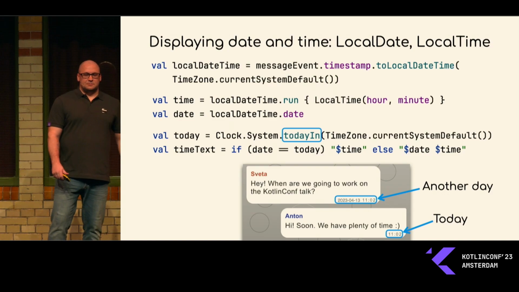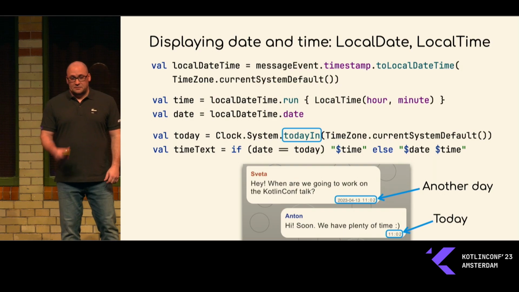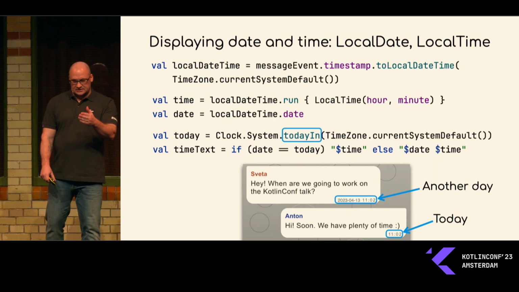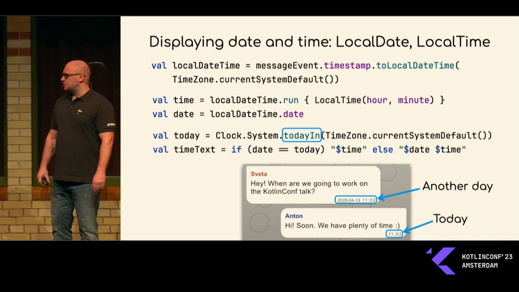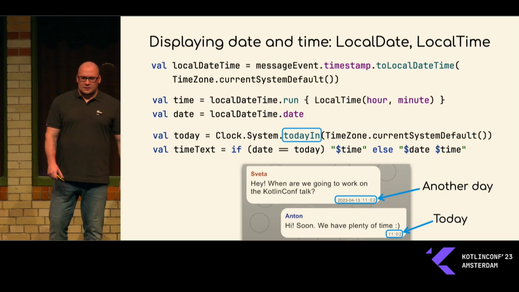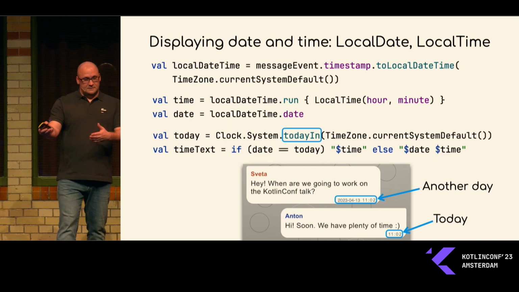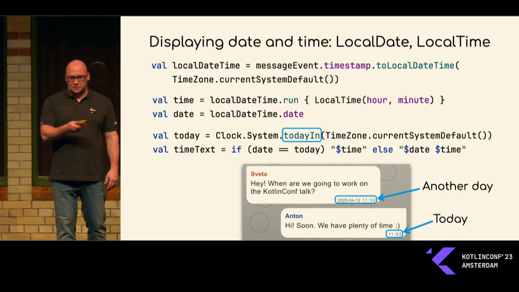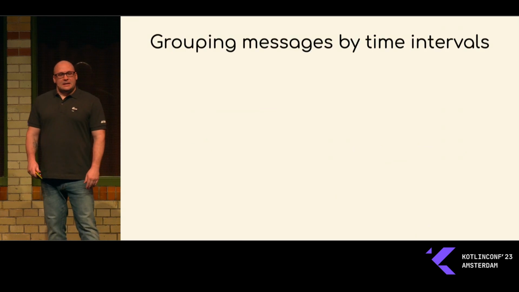I can just render time. And for this, we have a very handy function in the clock system class. That's probably an extension function, I think. So you can get today from the APIs, compare with the date, and then decide.